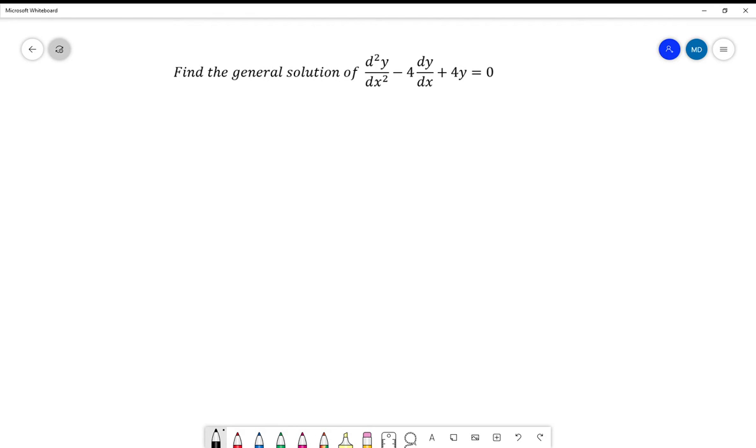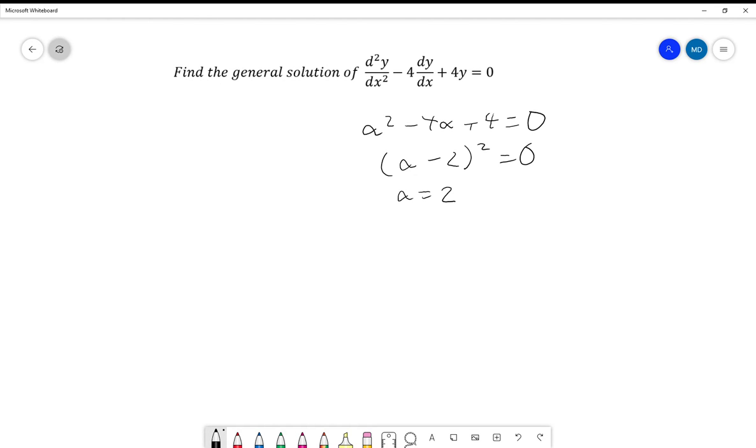Let's just consider this. Now we justified the auxiliary equation of alpha squared minus 4 alpha plus 4 equal to 0. Solving this equation will give us the right roots, but we also know that this is just going to give us roots of alpha equal to 2 twice.